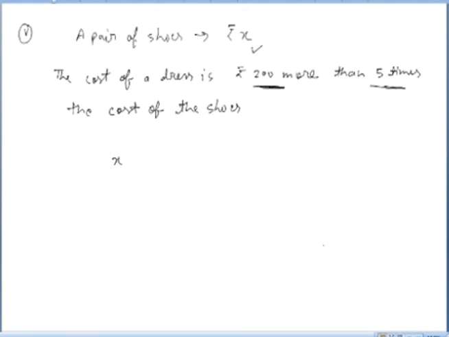So 5 times of this is 5x, and it is saying 200 more, plus 200. So in this way we have to write this equation. So this is the cost of the dress. So in this way we have to write these algebraic expressions. Okay, so we have completed our exercise 11a.